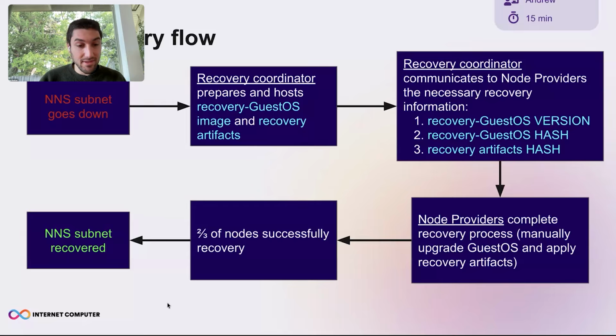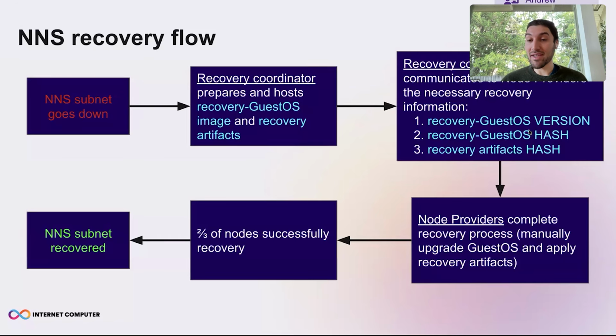We'll see this in action. And then the node providers complete the recovery process. And again, I'll talk in detail of what the actual recovery process is. And once 2/3 of nodes have successfully completed this recovery process, the NNS subnet is hopefully recovered.